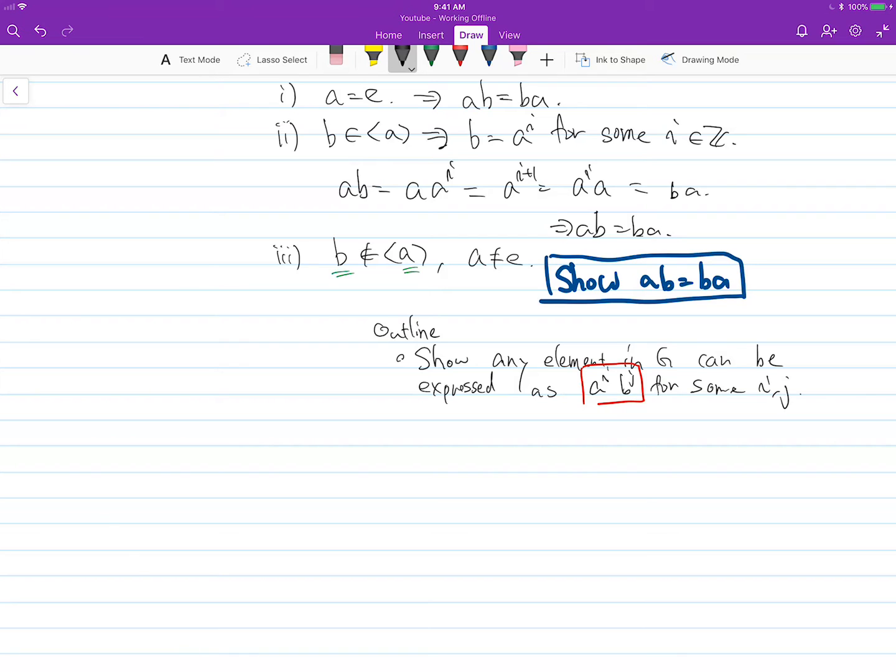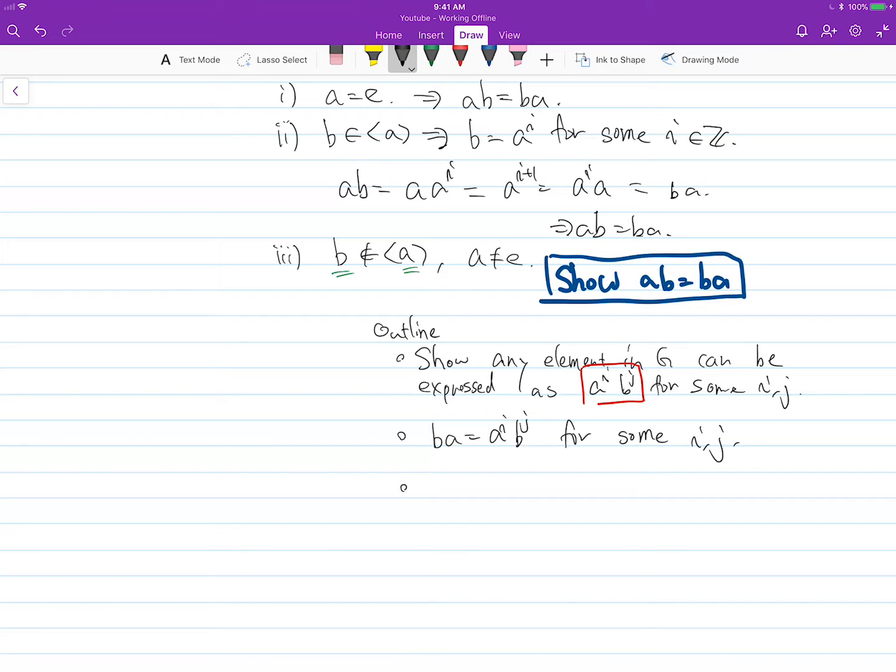As long as we first show that any element in G can be expressed as such a product, then we will argue that this implies BA equals A^i B^j for some i, j.